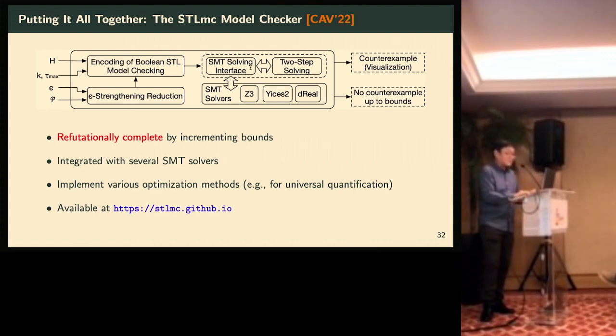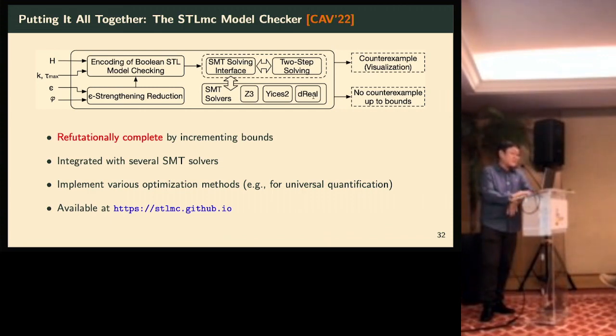Then you can use a typical SMT solver like Z3 or S2, or dReal for ordinary differential equations. If there's a counterexample, it shows the counterexample, and otherwise it's verified up to the given bounds and robustness threshold.